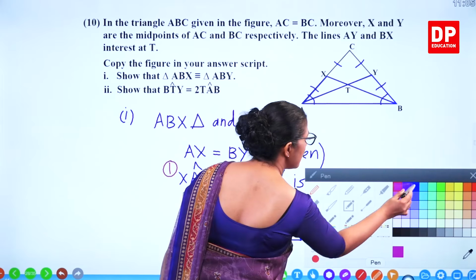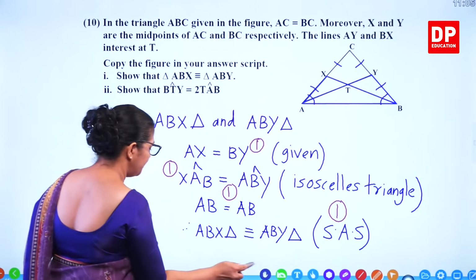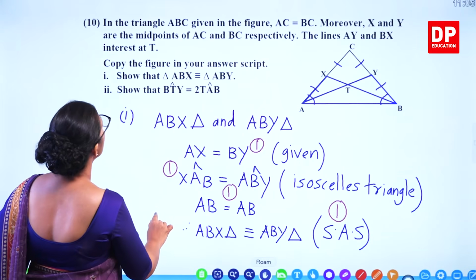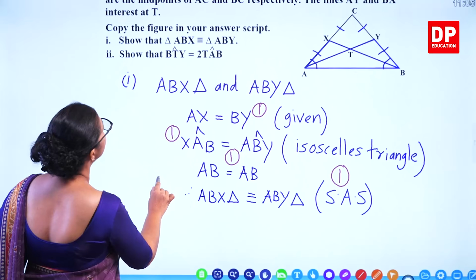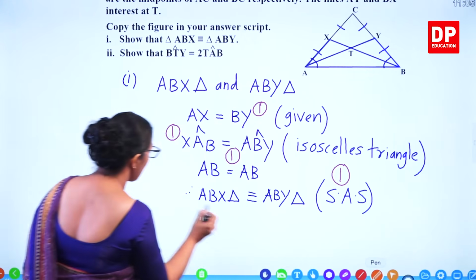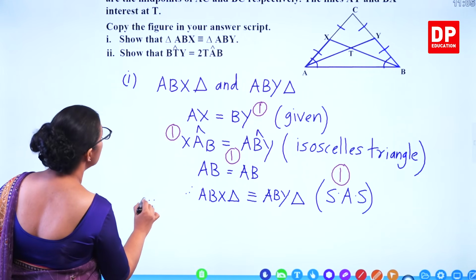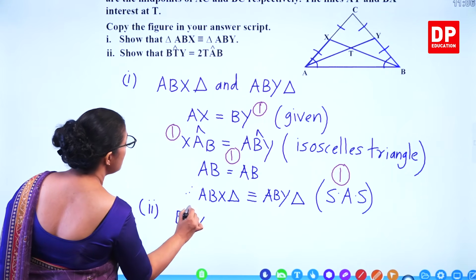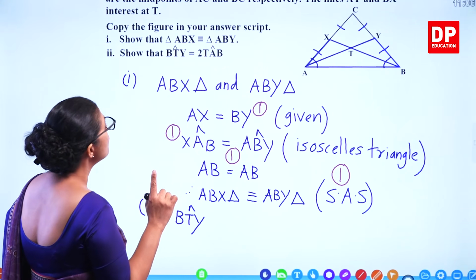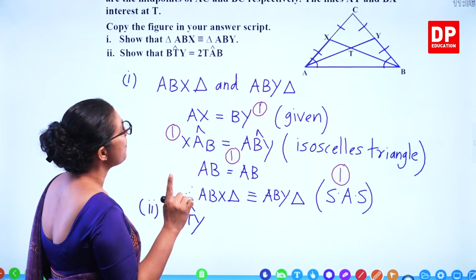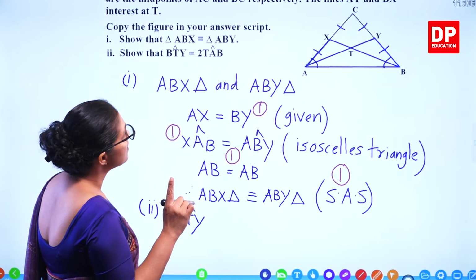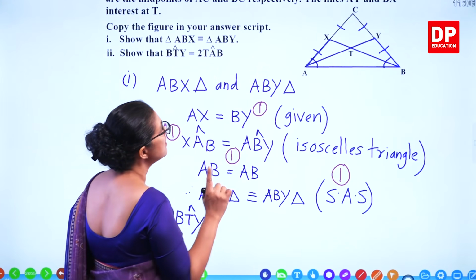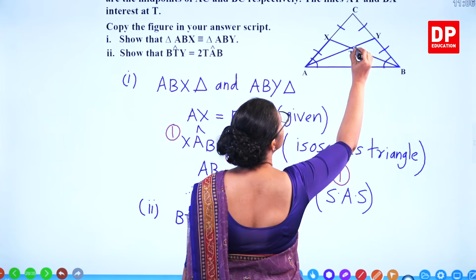Now we'll take the part 2. Show that BTY is double of TAB. BTY, where's BTY angle? This angle.